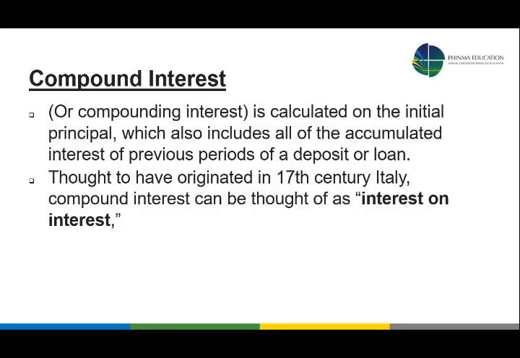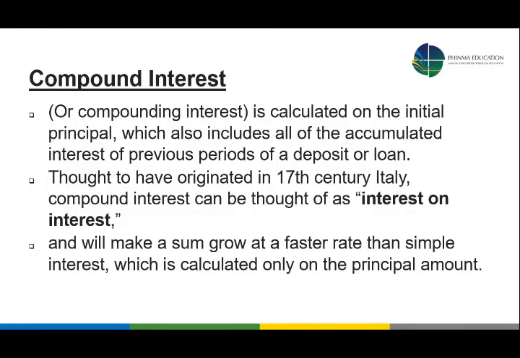Thought to have originated in 17th century Italy, compound interest can be thought of as interest on interest, and will make a sum grow at a faster rate than simple interest, which is calculated only on the principal amount. And to add, simple interest is calculated only once in a given time frame.